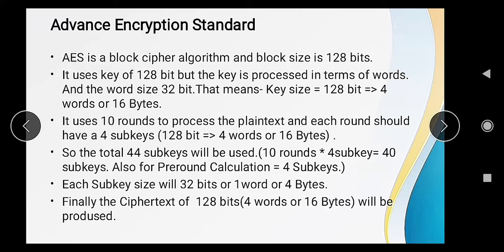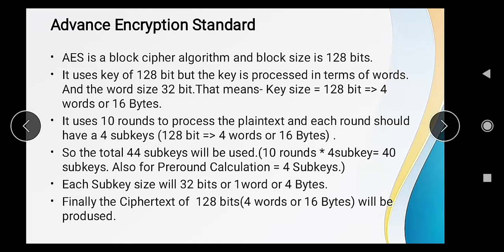Also we use a key of 128 bits for this process, which is used in terms of words. So we use 4 words as a key. As we know the word size is 32 bits, so a total of 4 words are required for one encryption key, also known as sub keys. So we use 4 sub keys in each round.